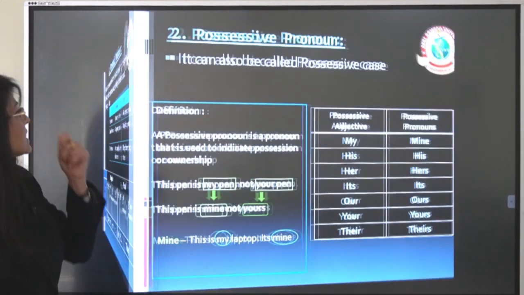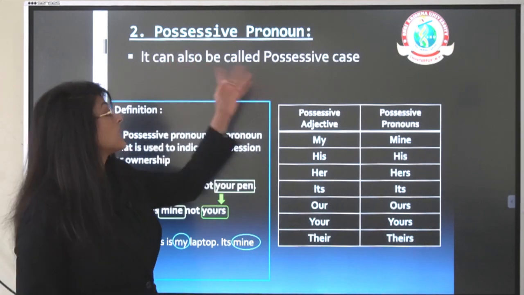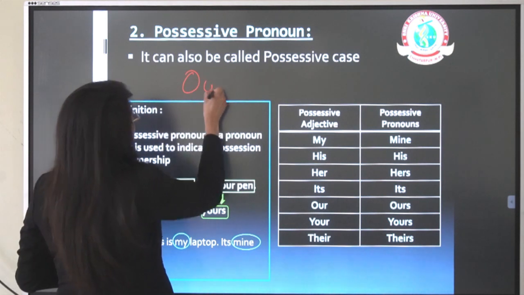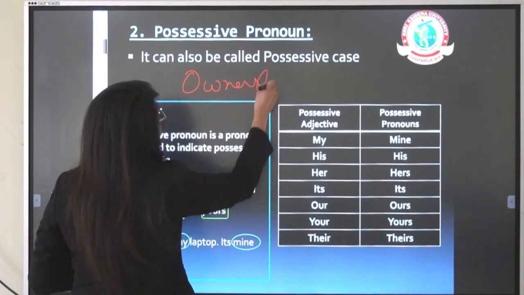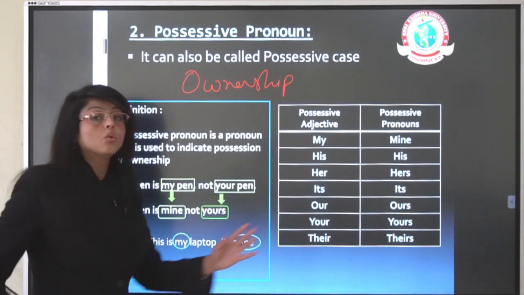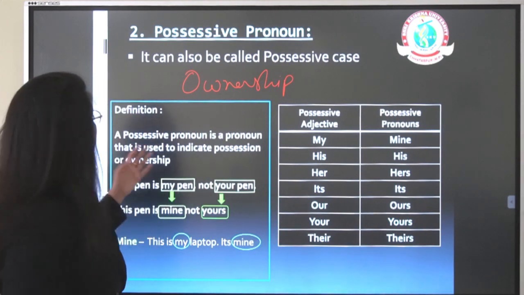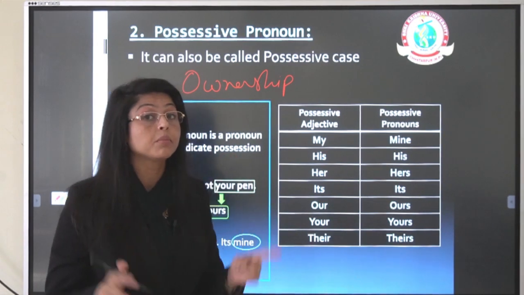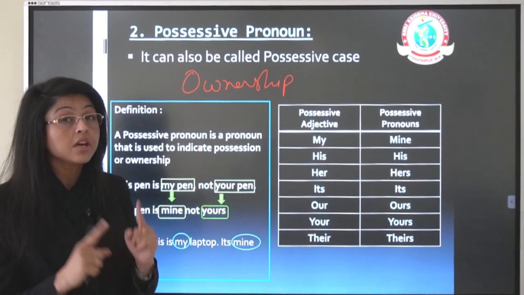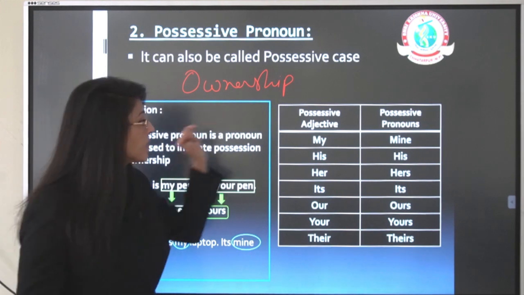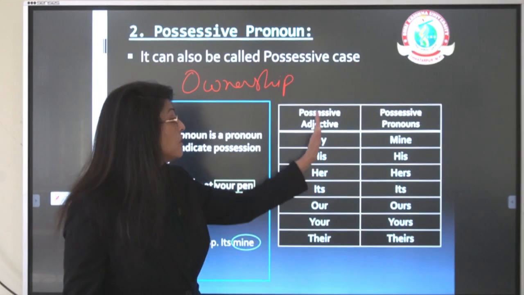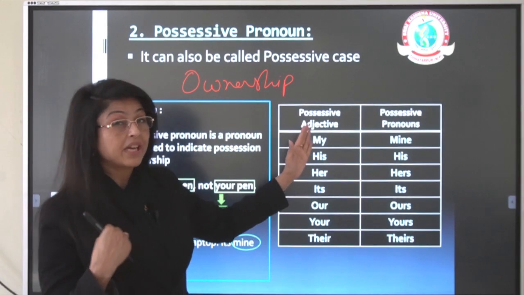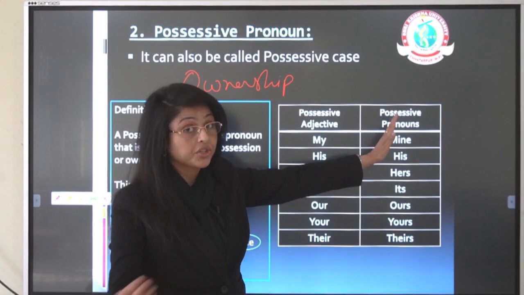Now coming on to the next slide, possessive pronoun, as I already told you, is always ownership. Who owns anything, right? So a possessive pronoun is a pronoun that is used to indicate possession or ownership. Position is different, possession is different. Now, as I already told you, how to convert the possessive adjectives into possessive pronouns.